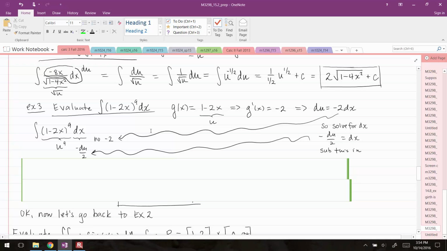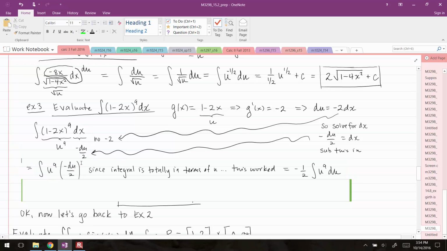So then what you'll have is u to the 9th times negative du over 2. Notice that is an integral all in terms of u, so that's allowed, and we can do it, and that constant's not screwing things up too much.